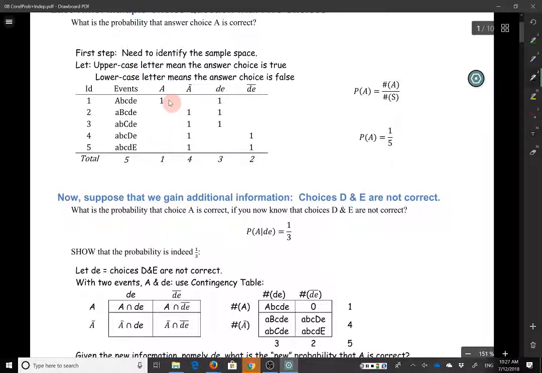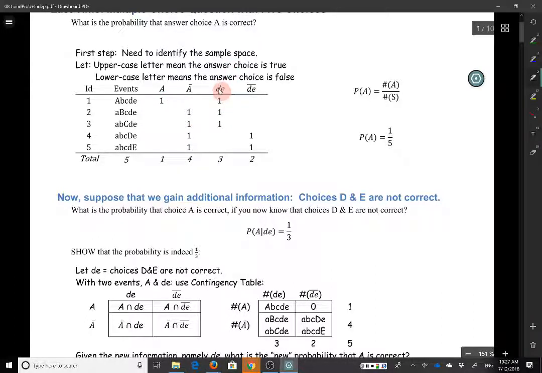Now we need to define some events or compound events to fit into the contingency table. We'll let one event be that A is true, which is a simple event. The complement of that, the remaining events in the sample space that are not the one where A is true, are all the others, so that one's easy.